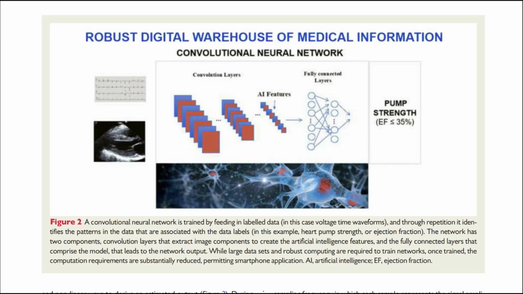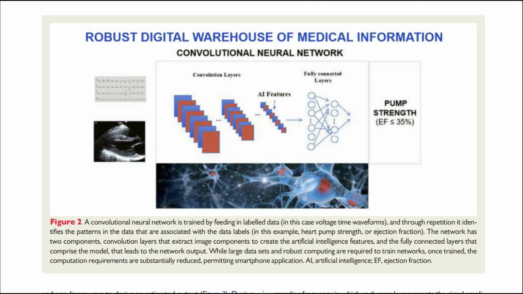Figure 2. A convolutional neural network is trained by feeding in labeled data, in this case voltage time waveforms, and through repetition it identifies the patterns in the data that are associated with the data labels, in this example, heart pump strength, or ejection fraction.